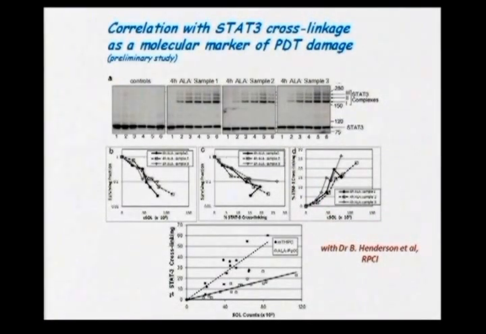We did an experiment with Barbara Henderson at Roswell Park, looking at whether or not it correlates with a particular molecular signal. And this molecular signal was a STAT3, which is to do with cross-linkage. And again, we showed that you can actually correlate the STAT3, a molecular signal, with the actual singlet oxygen measurement.